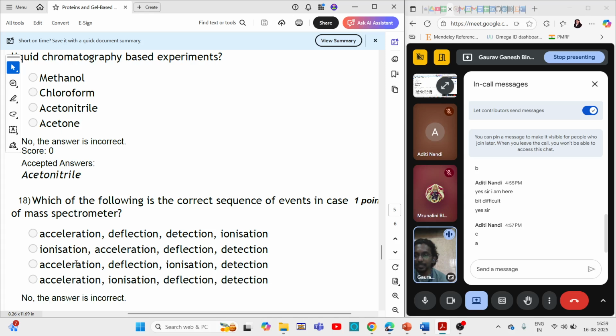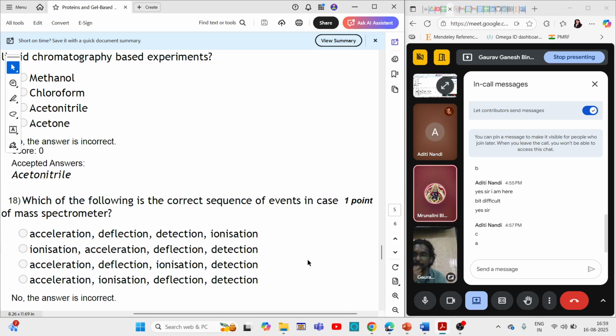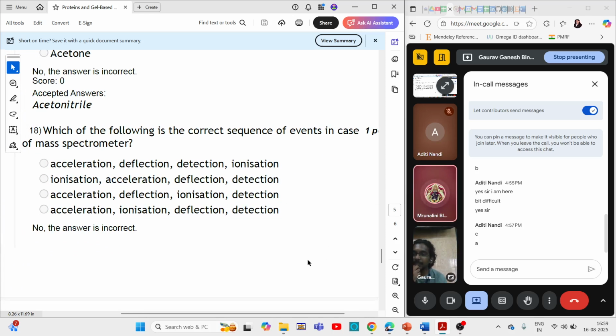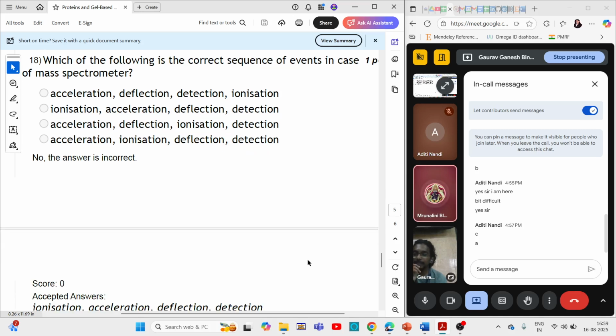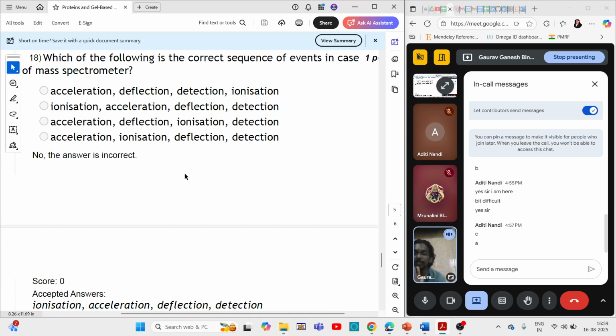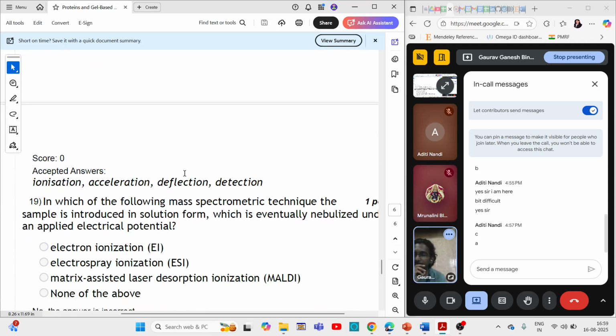Is the first step acceleration or ionization? Then you will be able to answer the question. And then the deflection, because if you have the mirror, it goes towards the detector.